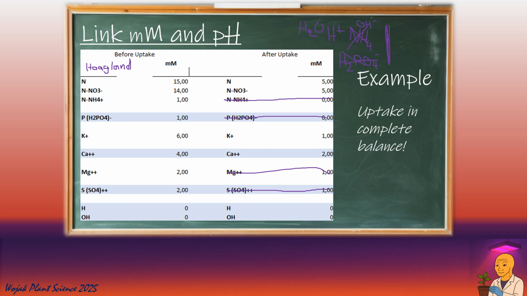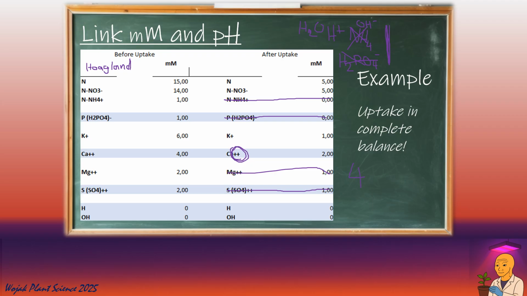So what do we have left? We have nitrate 5, and we have calcium, which has 2 plus, that's very important. You learned that in the first video. We have 2 millimole of calcium, which has 2 charges, so it is 4 charges.